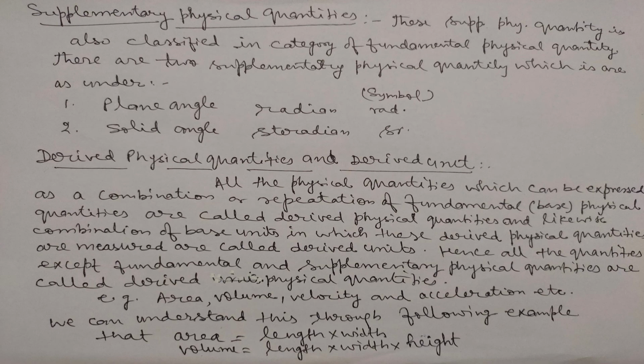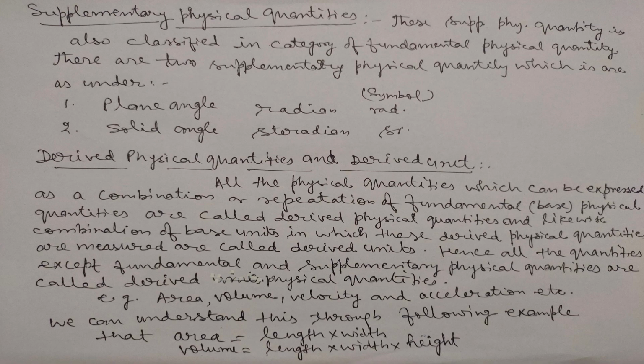The next, the second, is derived physical quantity, but before the derived physical quantity, I would like to explain the supplementary physical quantities, because the supplementary physical quantities are also classified in the category of the fundamental physical quantities, although they are not in the list of the seven fundamental physical quantities.